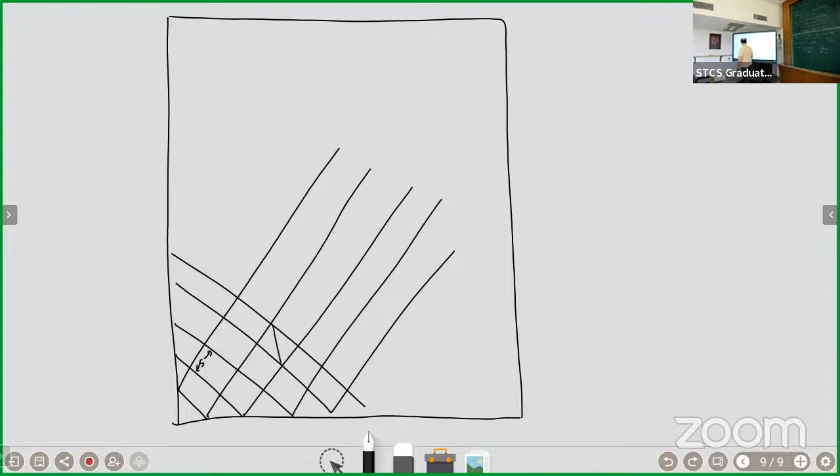I'm going to put a vertical line and a horizontal line. And I define this edge to be open if there is at least one point in that particular square. If a square contains a point, that particular line which is cutting this is defined to be open. Both horizontal and vertical.